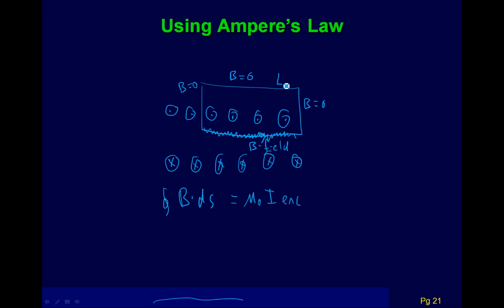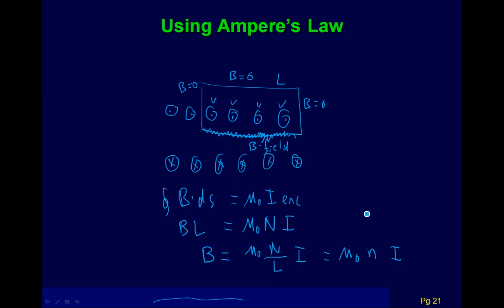So if I call this loop to have a length of L, this will be B times L on this side. And then over here, it's μ0, and it's basically just the number of loops that I enclose times the current. So here it happened to be 1, 2, 3, 4 loops, but it'll depend on your particular situation. And so if we solve this, we get this equation for the solenoid.